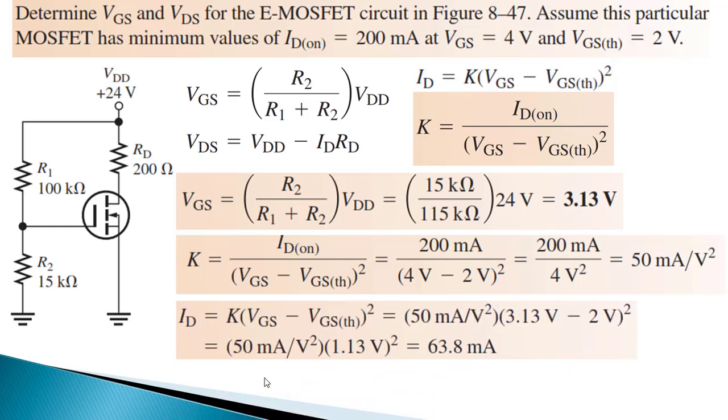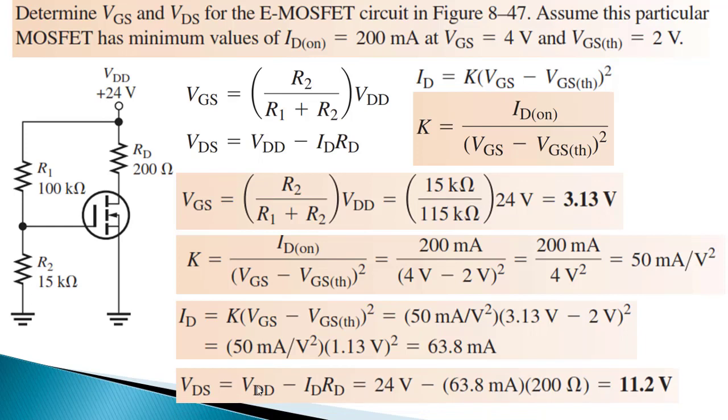Then the ID value is K into (VGS minus VGS Th) whole square, so the ID value is 63.8 milliamps. Substitute this value in the expression VDS is equal to VDD, which is 24, minus ID value 63.8 milliamps into RD value of 200 ohms. So we get the value 11.2 volts.